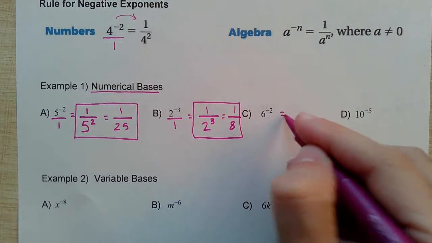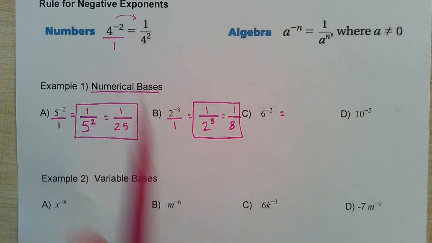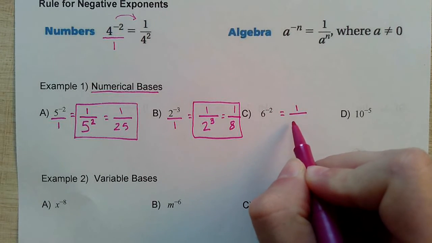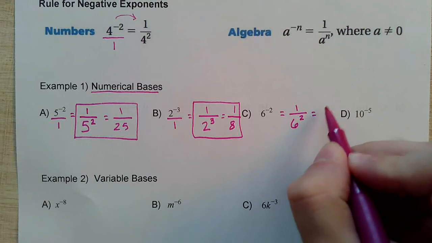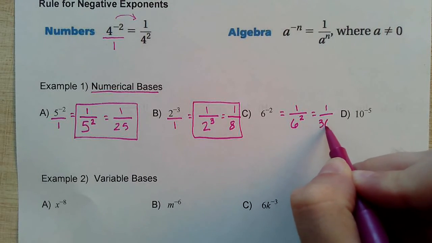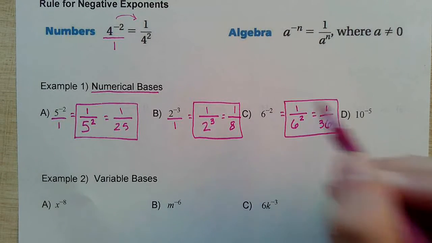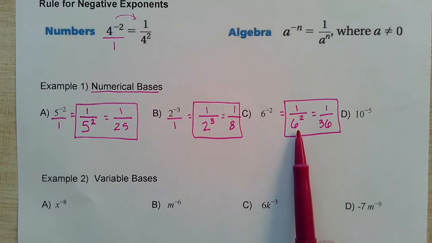In this next one, I'm not going to write it over 1. I'm just going to apply what the rule tells us to do. So instead of 6 to the negative 2, I'm going to write 1 over 6 to the positive 2 power, or 1/36. So 1 divided by 36. This is applying the rule, these first answers.